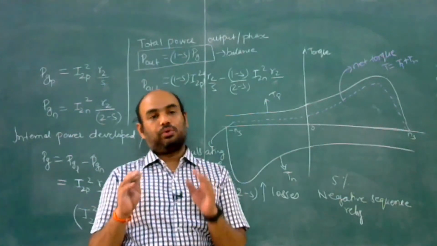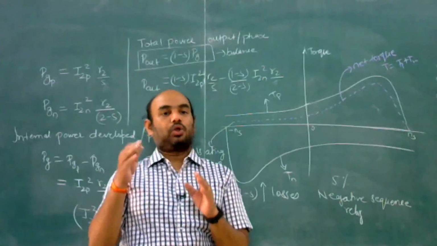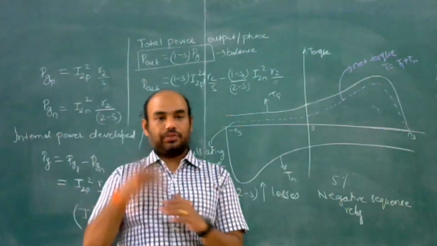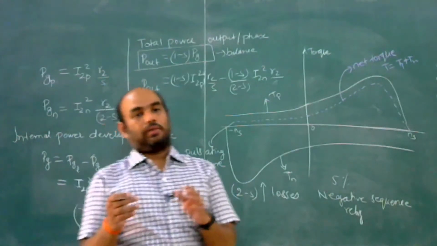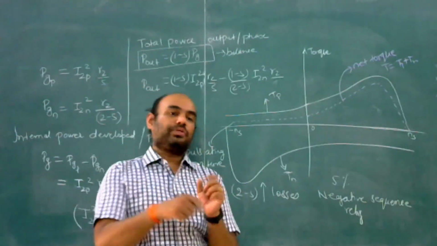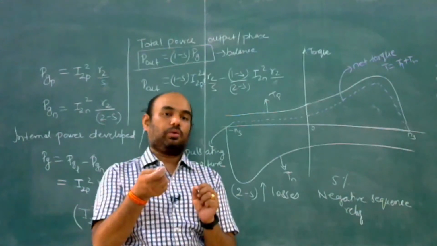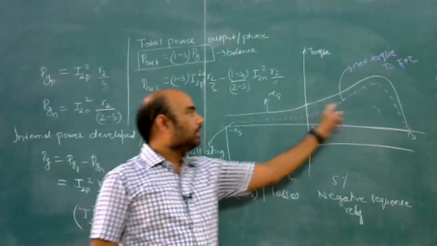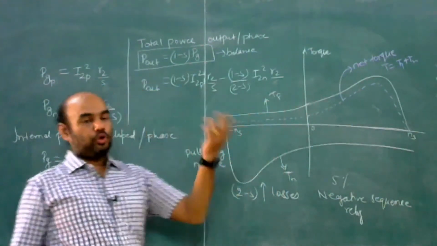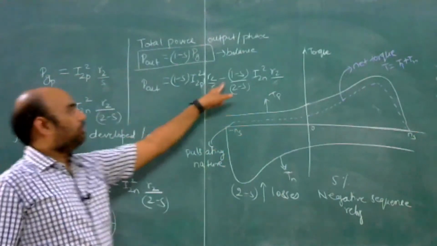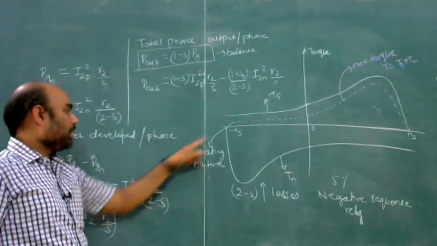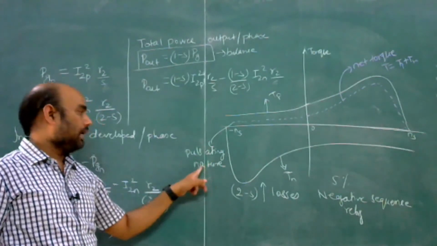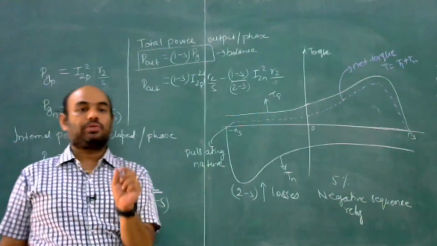Due to this, negative sequence torque will be produced by this electromagnetic flux, so this will oppose the main torque and reduce its net value. Power will also reduce, so net power output will also reduce.